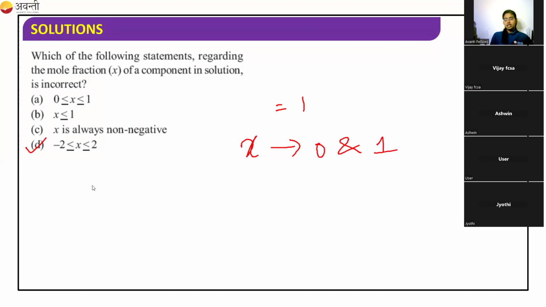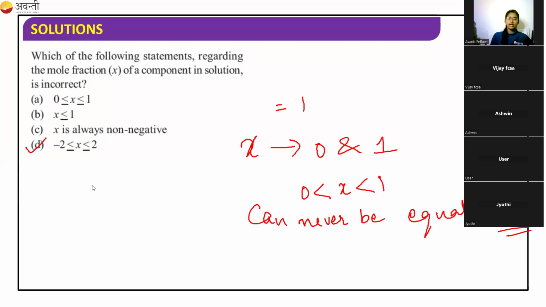That is, the x value ranges from 0, the lowest value can be 0, the highest value can be 1. So it can never be equal to minus 2 or plus 2. So that is the incorrect one regarding the mole fraction.